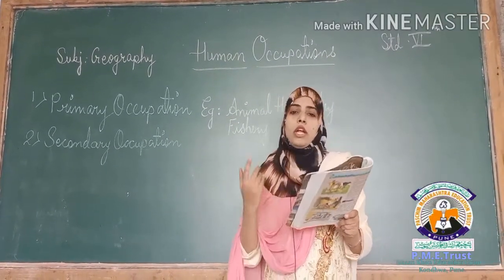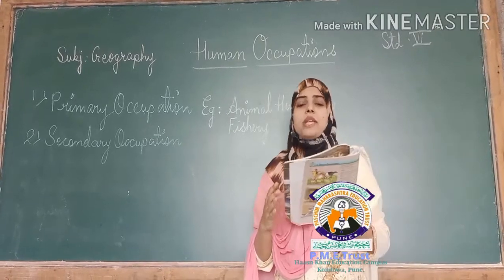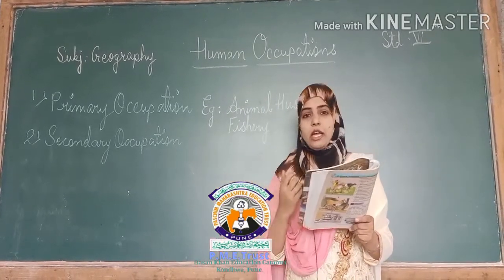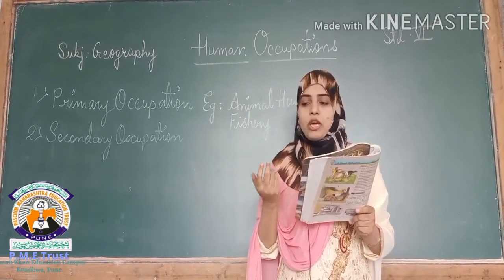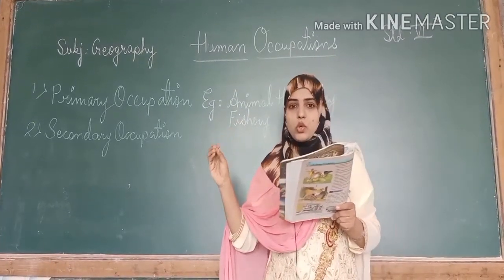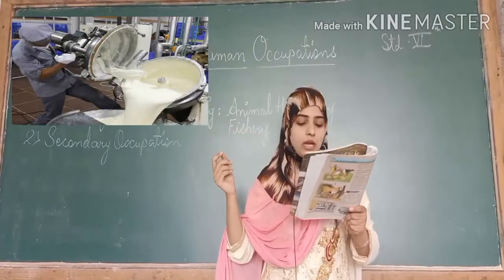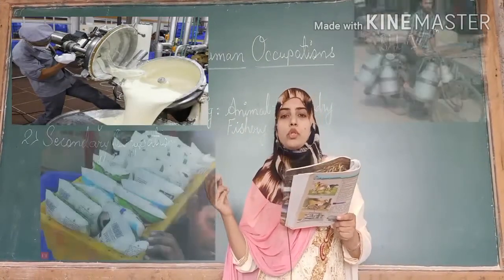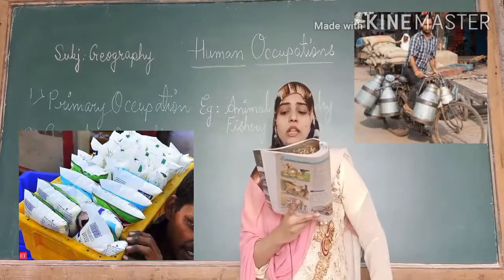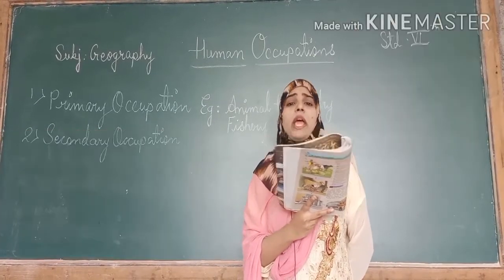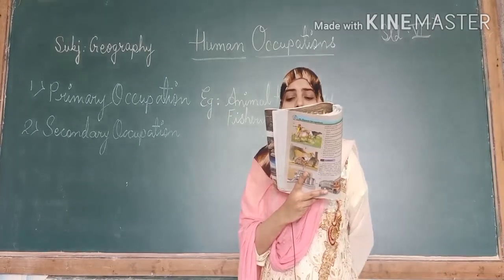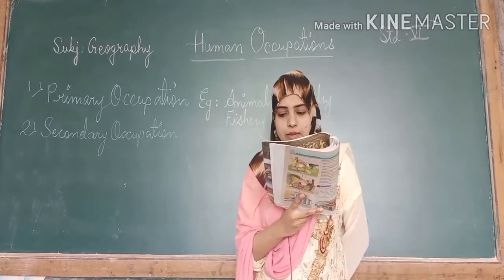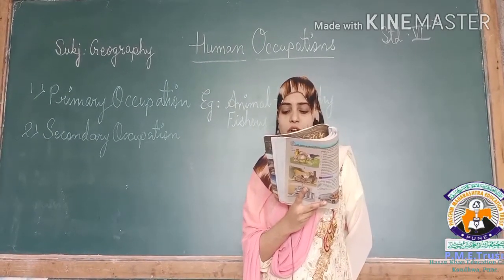Whatever things are present in nature we get directly, but some products we have to change. In milk dairies, the milkmen perform some procedures on the milk. That is the best example of making some changes in them, so they are made into different products.